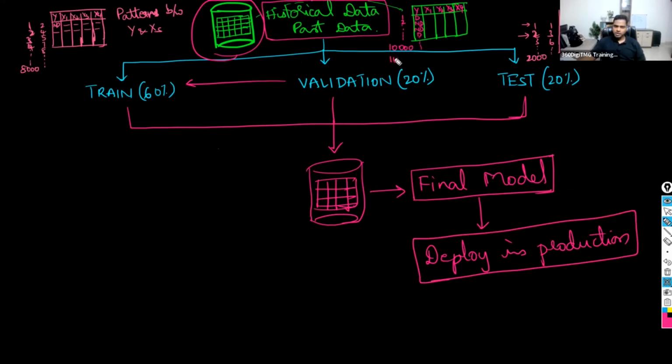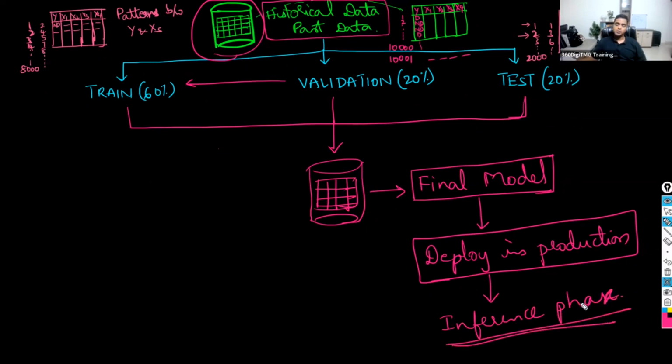Whenever there are new customers, like the 10,001st customer, you take the age, gender, income, education, put that into your final model, which is deployed in production, and then you get the results. This is called the inference phase. It means your deployed model is used for inference purposes.